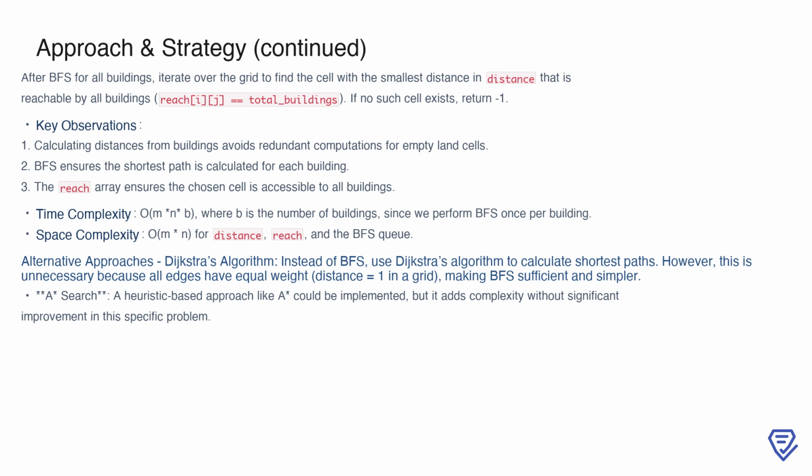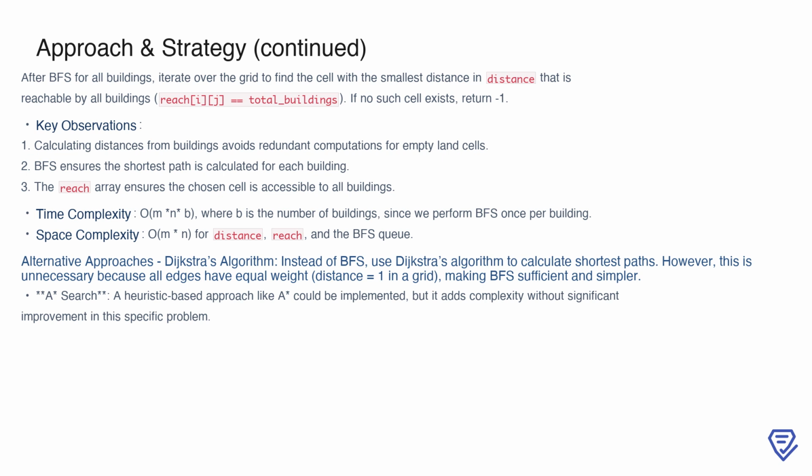This approach is efficient because it avoids redundant computations for empty cells, leveraging the fact that BFS inherently calculates the shortest path. Moreover, the reach array simplifies the process of verifying accessibility for all buildings. The time complexity of this approach is O(m*n*b), where b is the number of buildings, as we perform a BFS for each building.